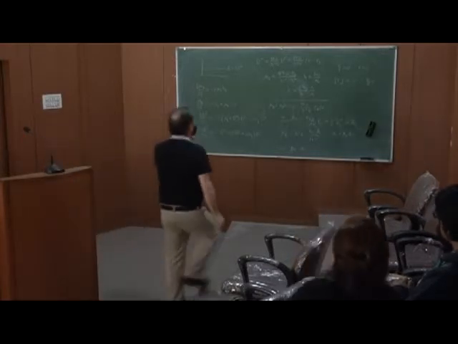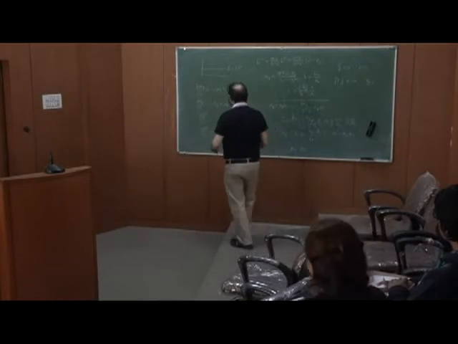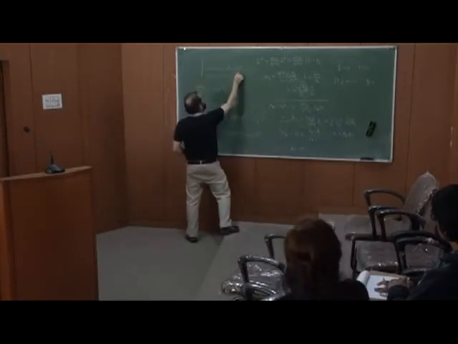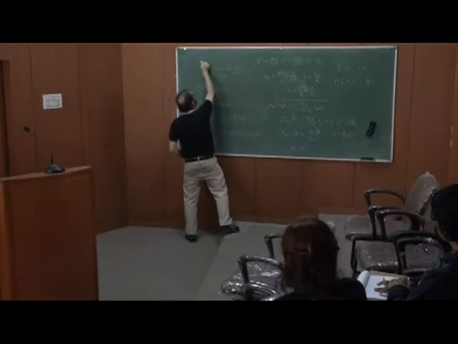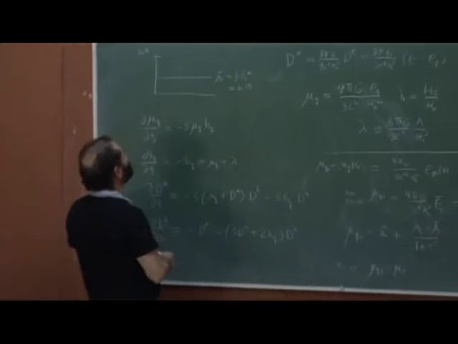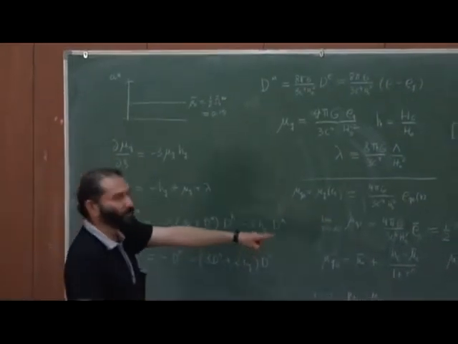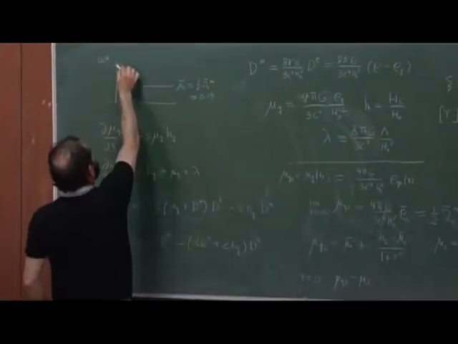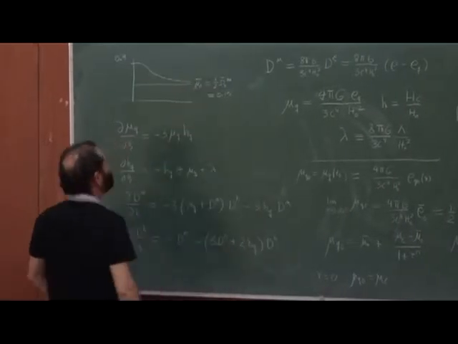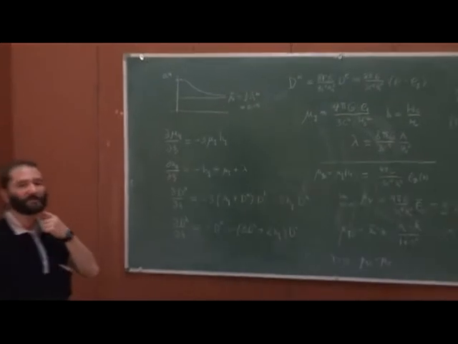And then we choose a central value, let's say 0.4, right? And then if we choose this polynomial function, we will get something like this. This would be our initial condition, right?